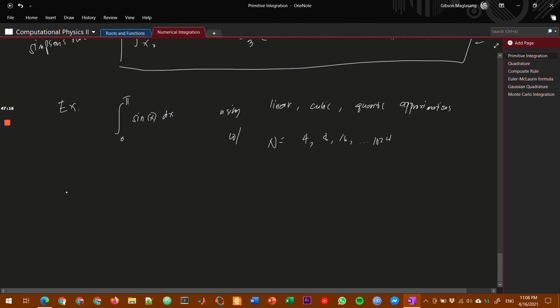So analytically, we can integrate sin x very easily. Di ba? Negative cosine x evaluated from 0 to pi. So this is negative cosine pi minus cosine 0. So that would be 1.